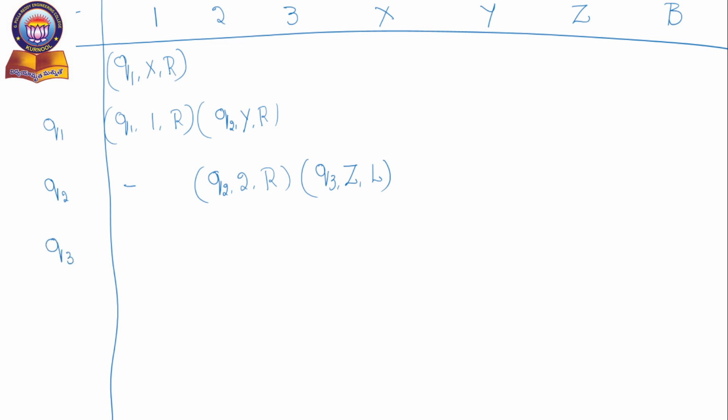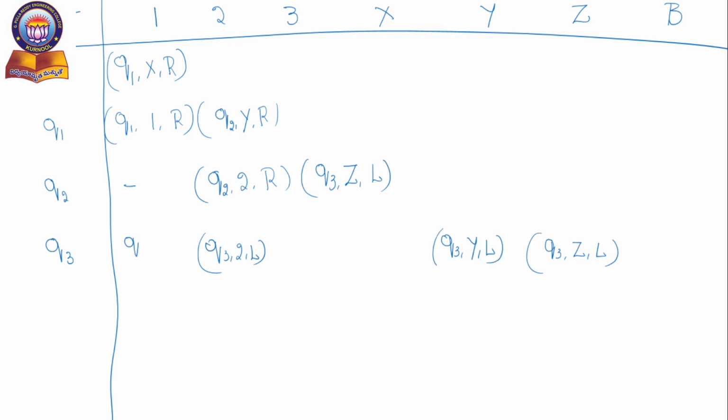Now, Q3 state. When we move towards the left, we will encounter the Z symbol immediately. So, (Q3, Z, L). After you cross the Zs, then you may get 2s. So, (Q3, 2, L). After you cross the 2s, you will get the Ys. So, (Q3, Y, L).